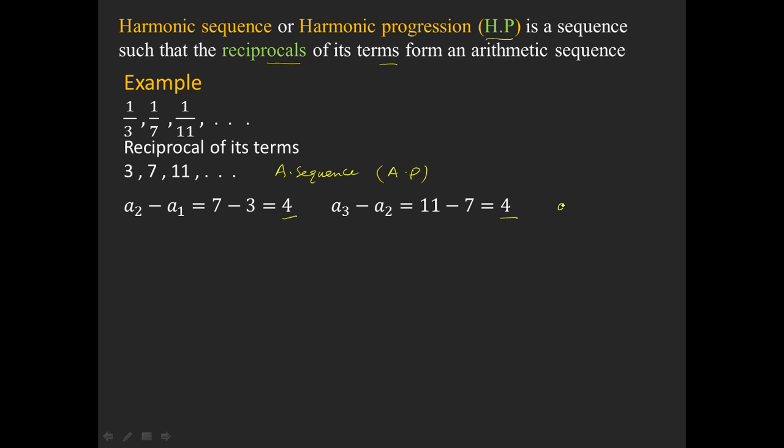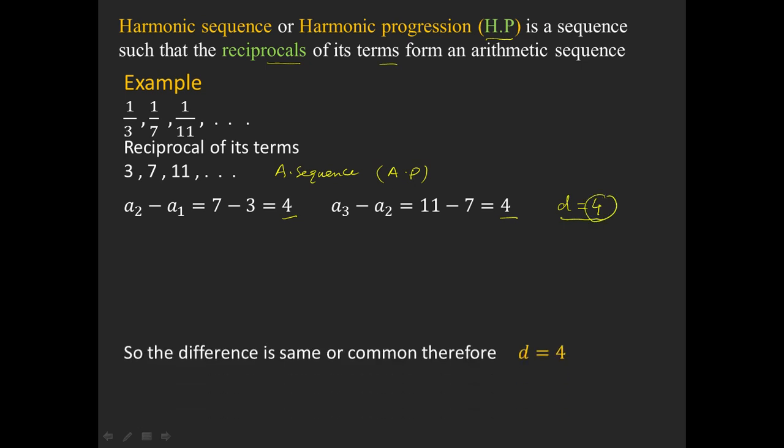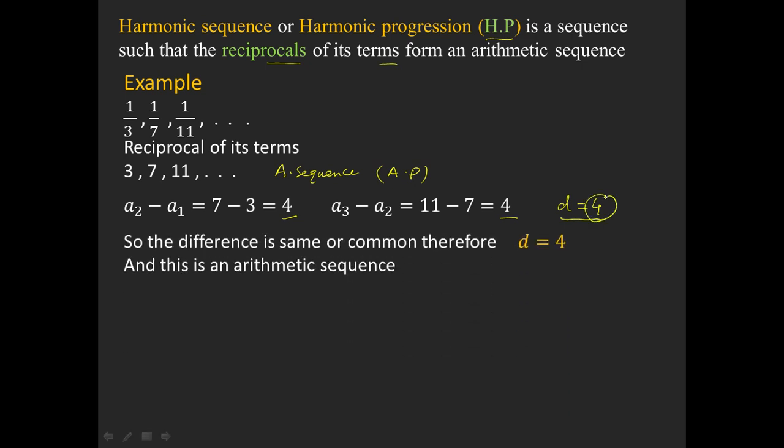This means the difference is common and it is known as d, and it is 4. And this is an arithmetic sequence because the difference is common.